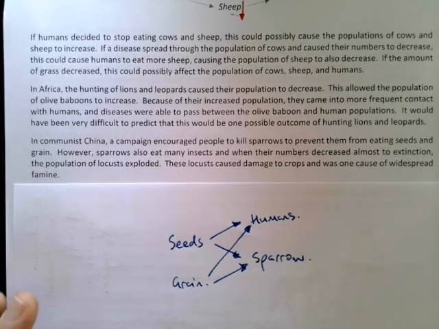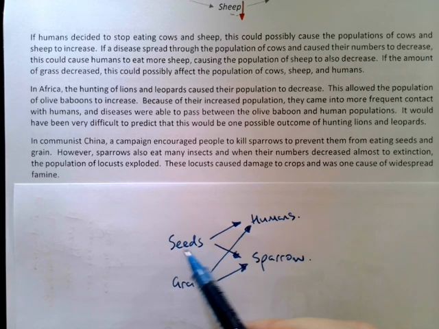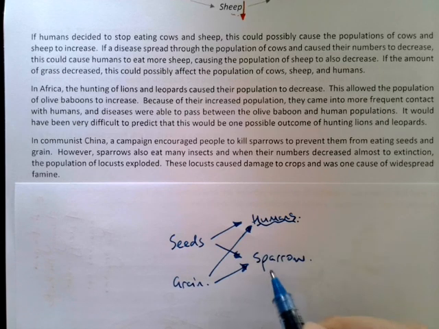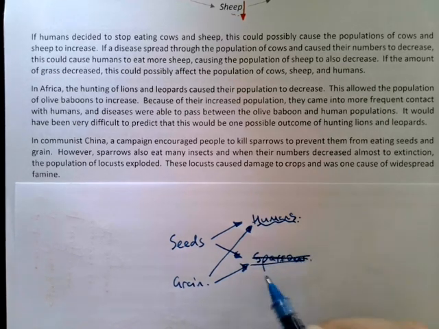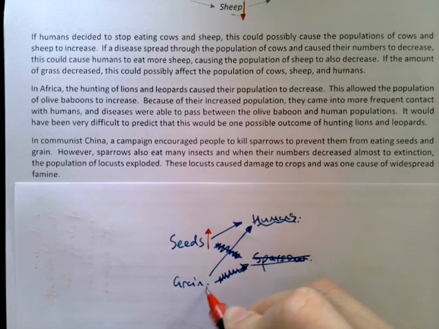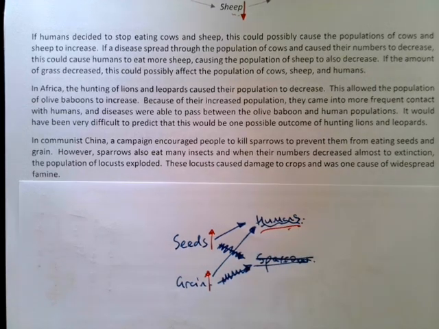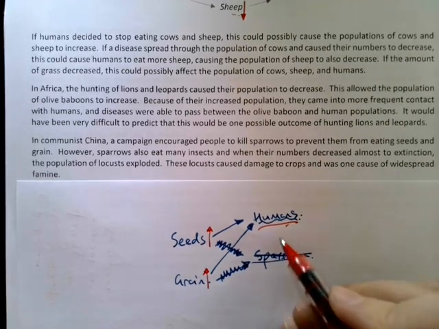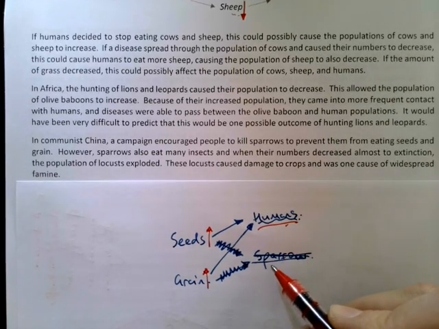If there's a limited supply of seeds and grain, the humans think, well, look, if we get rid of the sparrows, then the seeds and grain are not going to be eaten, so there'll be more seeds and grain available for us. Perfect situation. So the humans think, let's kill all the sparrows.